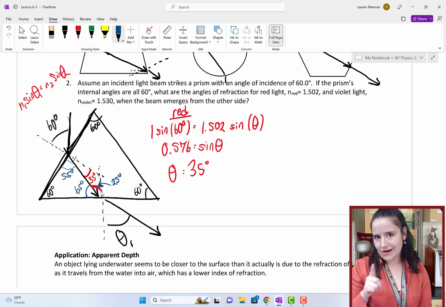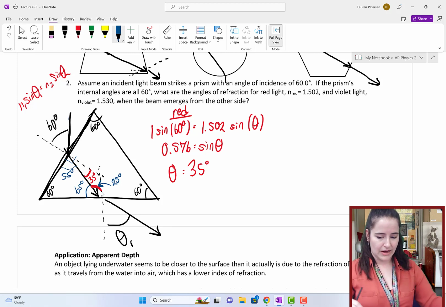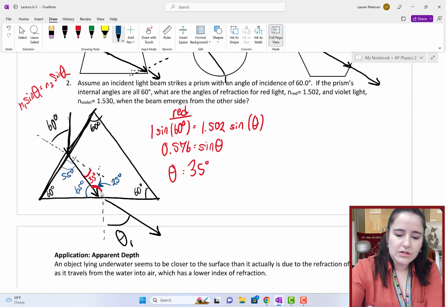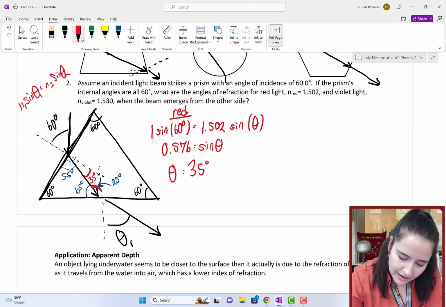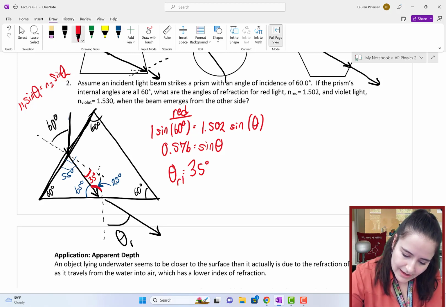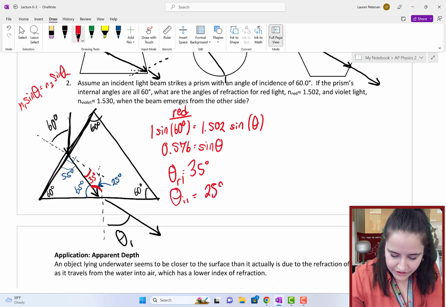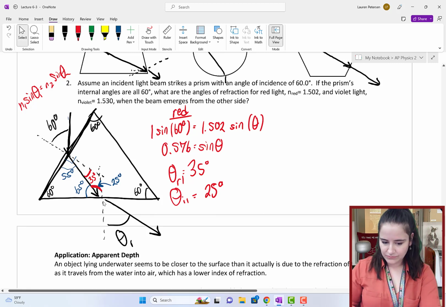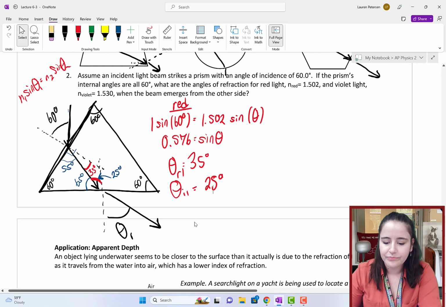So that will be our angle of incidence on the bottom wall, okay? So I'm going to call this angle of refraction 1, okay? And so then our angle of incidence 1 would be 25 degrees. Okay, again, just showing you how that works out there.